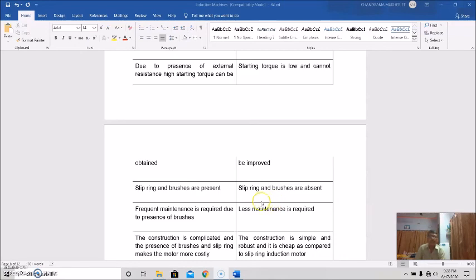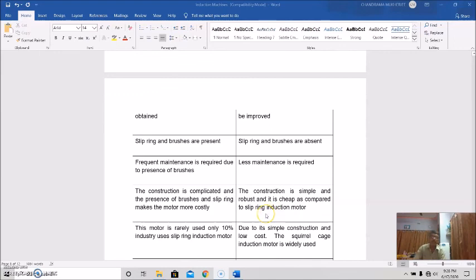Due to the presence of brushes, frequent or routine maintenance is very much required for a wound rotor or slip ring induction motor, while squirrel cage maintenance is very little, almost maintenance free.